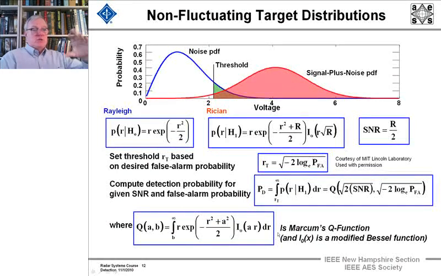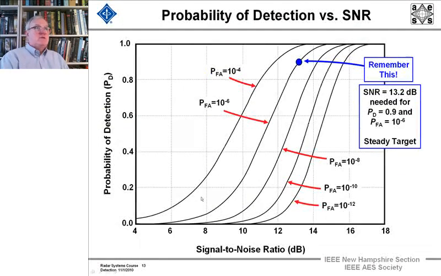And you can see, since there are 3 distinct variables of interest on a two-dimensional plot, we're going to have a family of two-dimensional curves. And this is what those curves look like for a steady target. Here, the probability of detection is noted on the y-axis in linear units.